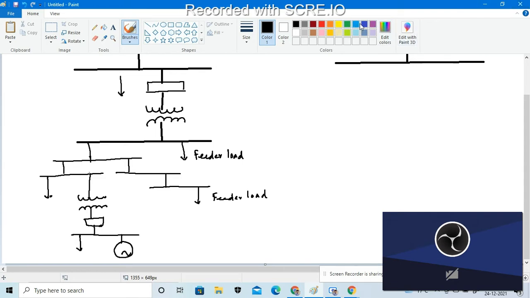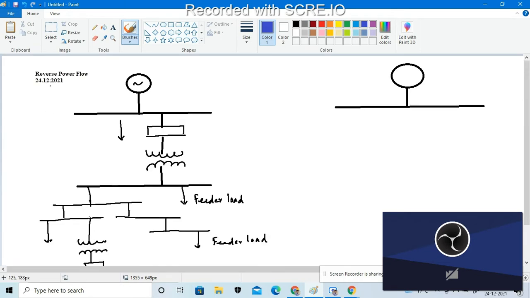So this is my utility and the plant generator in parallel. This figure is associated with the utility and the plant generator.